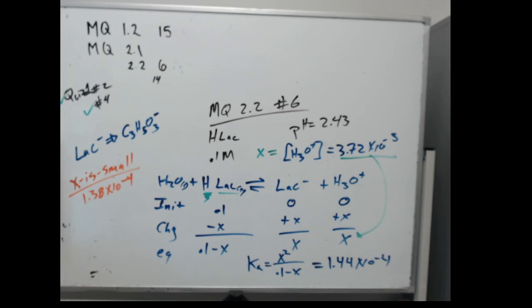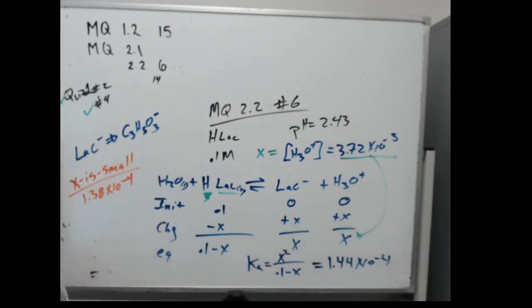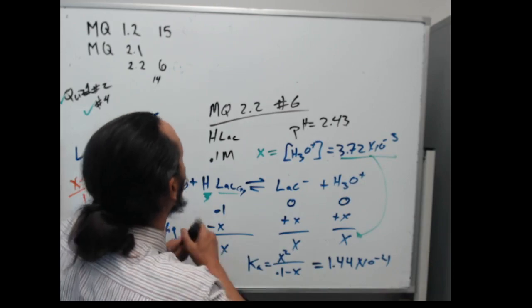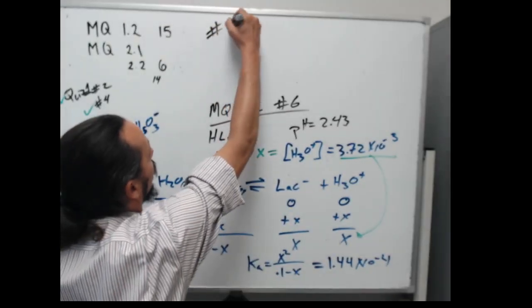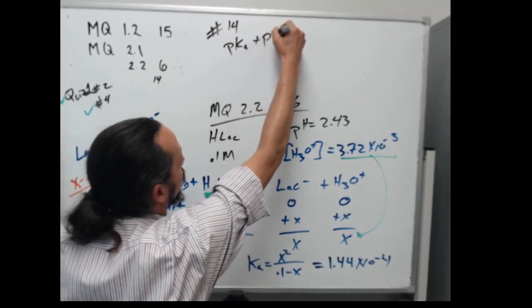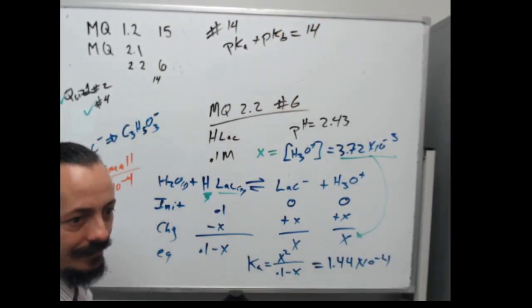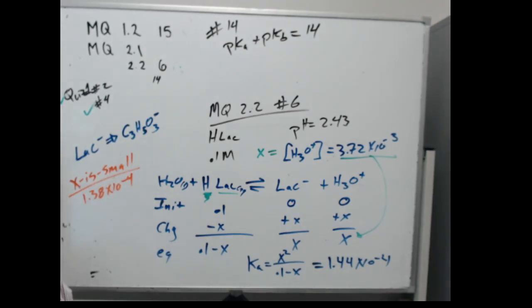And I know that Kw is 1 times 10 to the negative 14. So pKw would just be the negative log of 1 times 10 to the negative 14, which is 14. And that's what pKa plus pKb is equal to. Just 14.